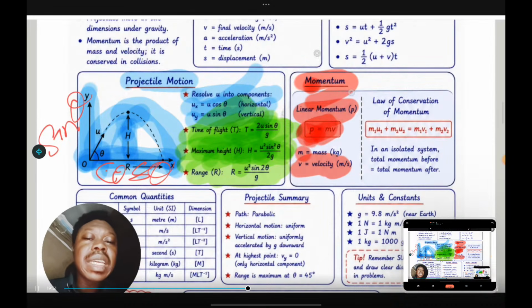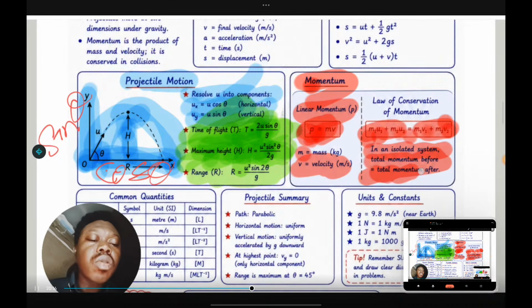We are just repeating this formula: mass times velocity plus mass times velocity, depending on the number of bodies. Here we have two bodies, m1 and m2, and this part represents initial, this part represents final. In an isolated system, total momentum before collision equals total momentum after collision.